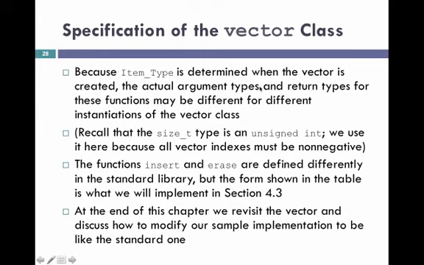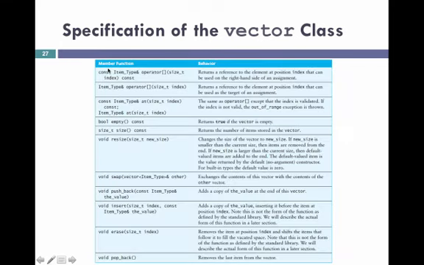Now, because item type is determined when the vector is created, the actual argument types and return types for these functions may be different in different instantiations. So notice all these occurrences of item type. Because it's a vector class, the class name was declared with the template parameter of item type, and that will be replaced at compilation time when we declare instances of vector with a specific type.